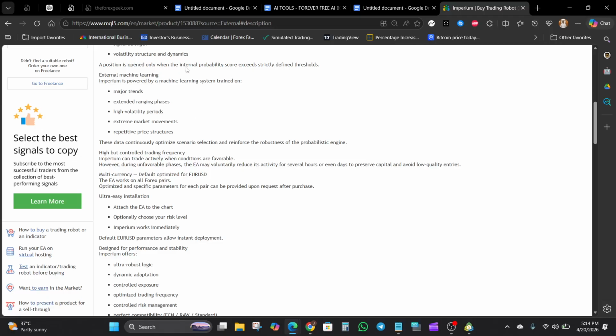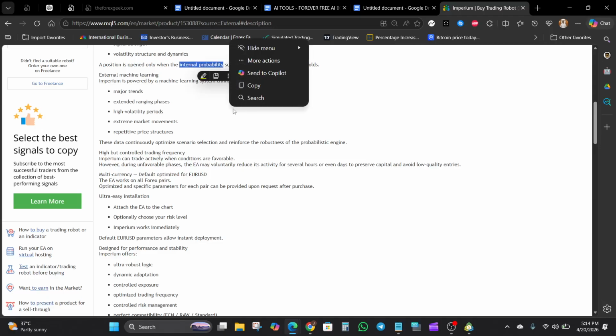All right, remember that this aspect of internal probability is one of the fundamental features of this EA. It's one of the fundamental mechanisms of this expert advisor.